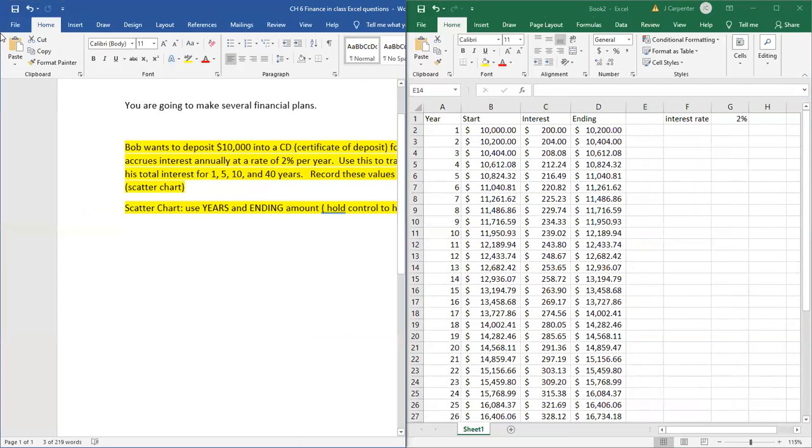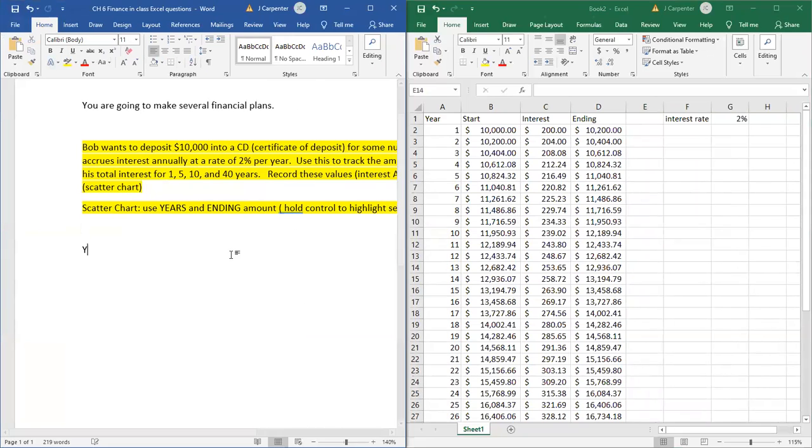All right, so year 1, the interest was 200, and the ending balance is 10,200. Year 5, the interest was 216.49, and the ending balance, just tab this so it looks a little cleaner, was $11,040.81.